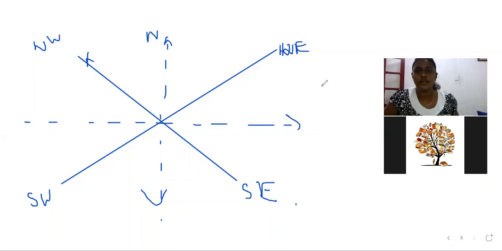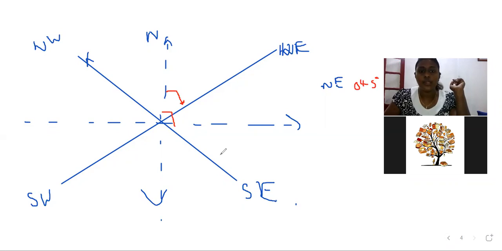Now, if it is northeast, with respect to north, we have to find the value. We know this is a sharp 90, and this is going at the middle, so the northeast value is 45, but there should be 3 digits, so we express it as 045.